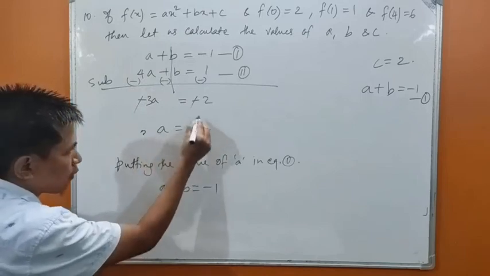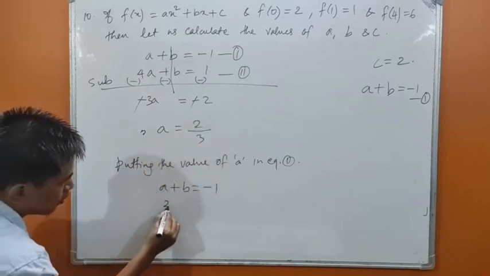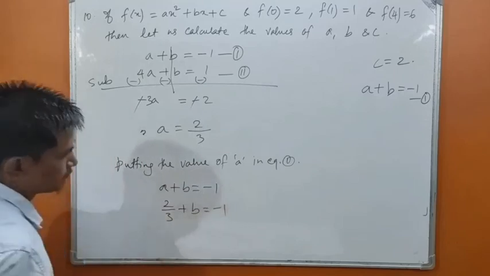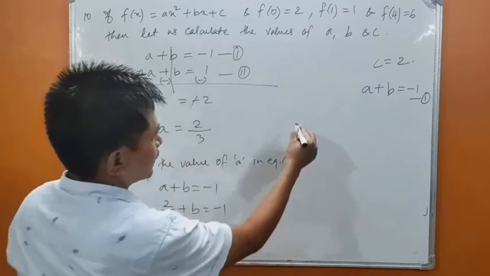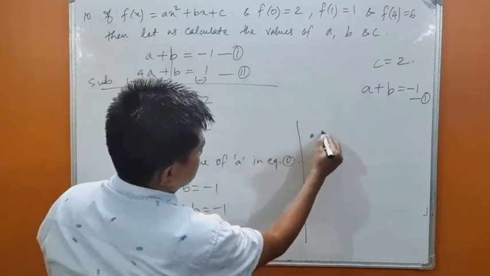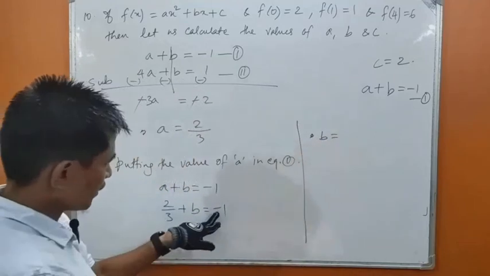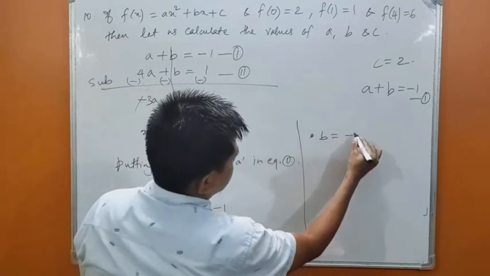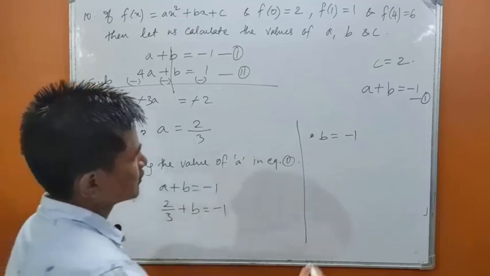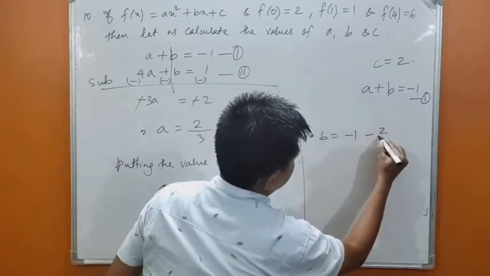a is 2 upon 3, isn't it? a means 2 upon 3 plus b equals minus 1. Let me continue here. Plus b equals, we already have minus 1 on the right hand side, plus 2 upon 3. When we take this number to the right hand side it becomes minus 2 upon 3, isn't it?